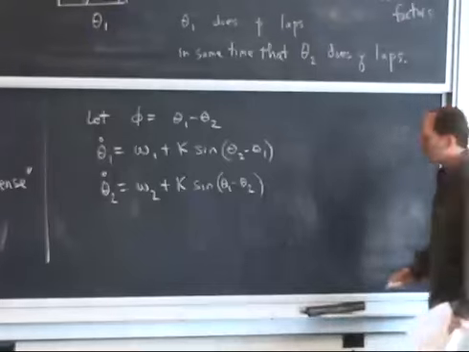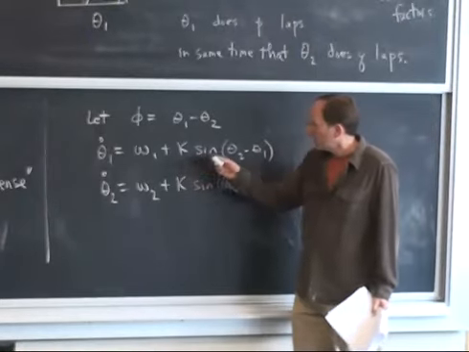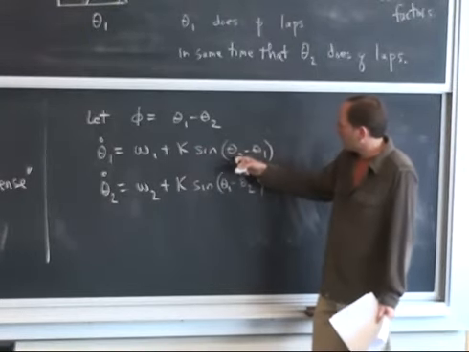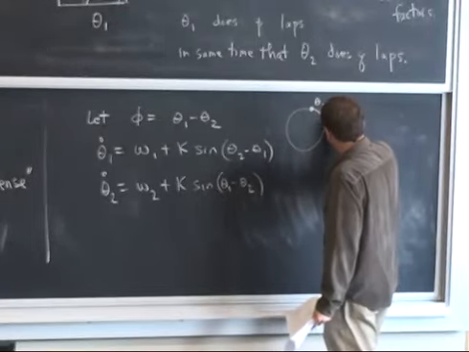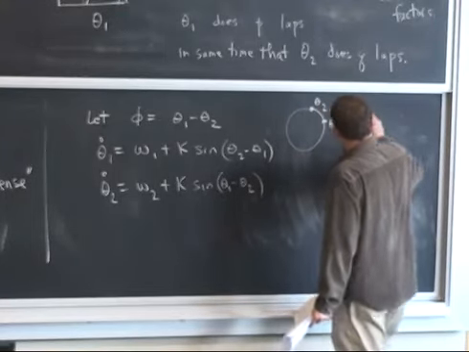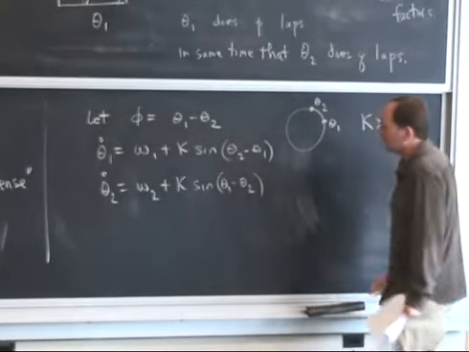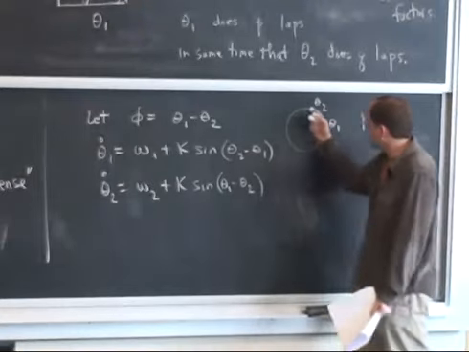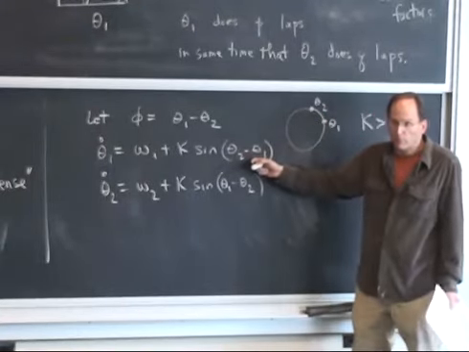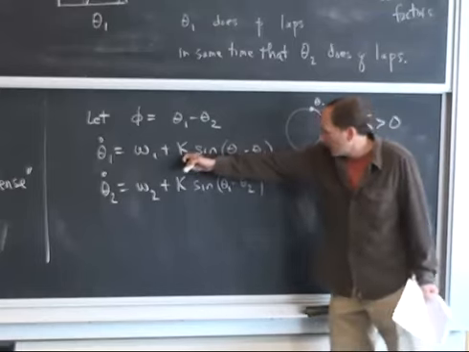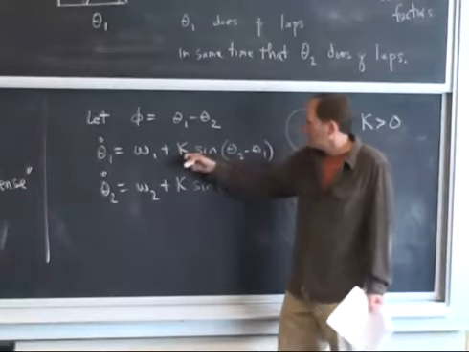And what this means is, like in terms of the runners, that there's coupling between them in the sense that if theta 2 is a little bit ahead of theta 1 on the circle, and let's think of k as being a positive number, then if this is a small angle difference, this will be sine of a small positive number, which will be positive, times k, which will be positive.